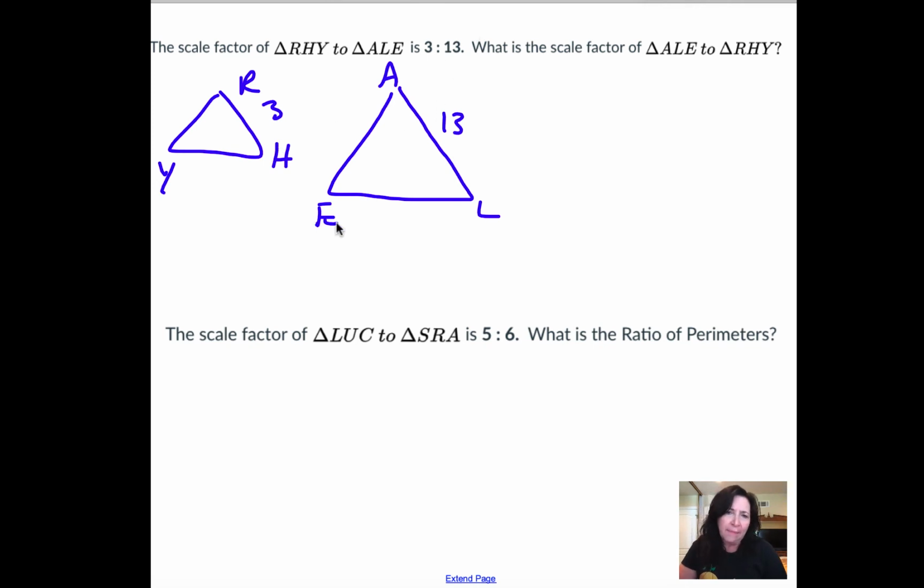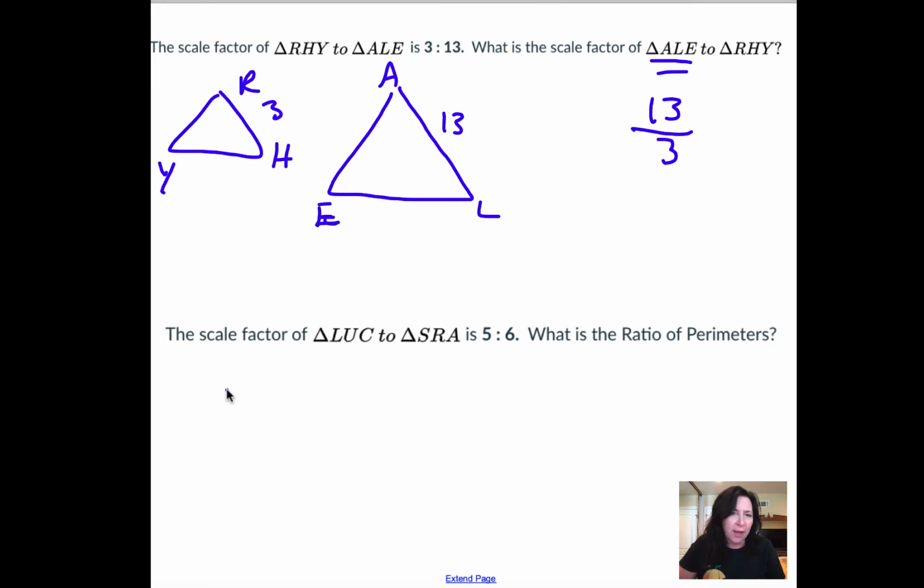When you're doing that, they're asking you for the scale factor of ALE to RHY. So you're just backing that up. So that's now 13 to 3. You have to do it in the order that they give you. And be careful, because sometimes they'll give you the smaller triangle first, but realistically you want the larger triangle to go first.